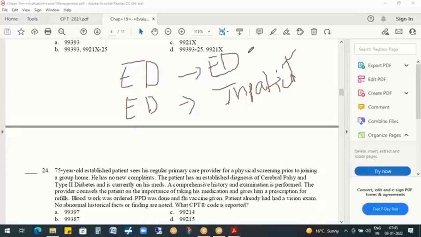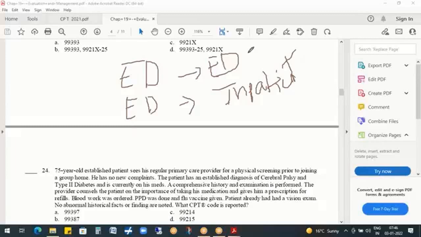Sir, can you repeat this point again? See, first what we need to look for in a question: place of service. Next, the initial place of service and treatment ended place of service are same or different. If different, code only from treatment ended location. Next, for that location, we need to see the status of the patient, that means new or established patient, or initial or subsequent visit.